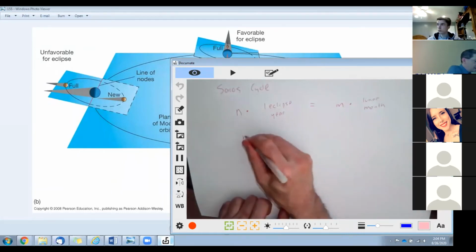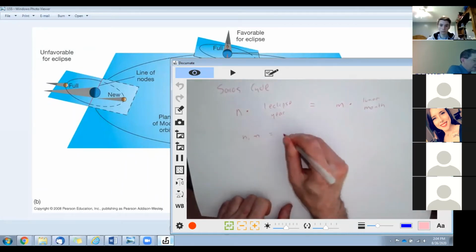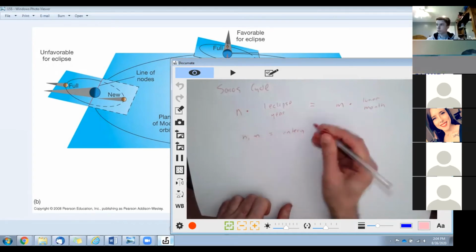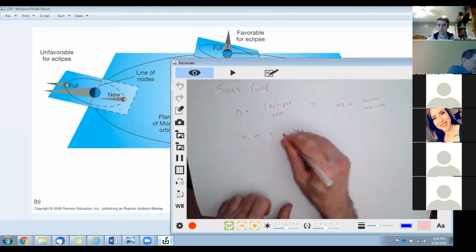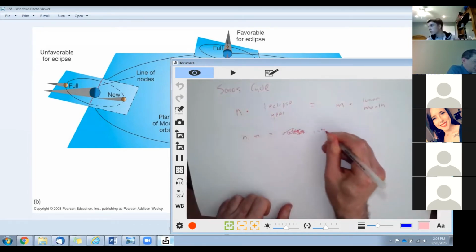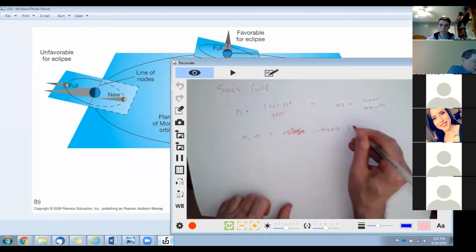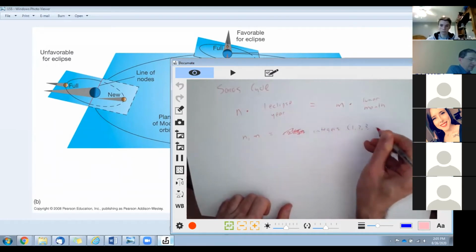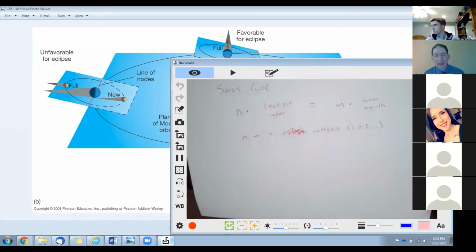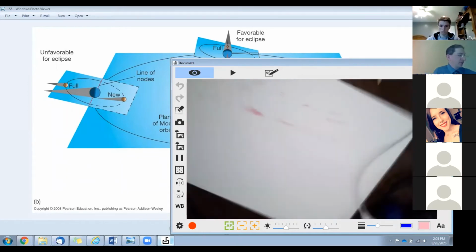So n and m are integers: 1, 2, 3, etc. Okay, so we've got to find the values of n and m for which this works, but I also have to explain why this is the equation. So turning around one last time.